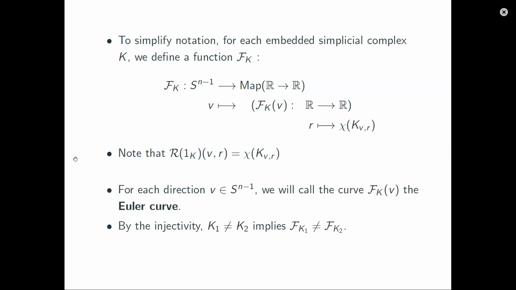We will call the curve assigned to each direction by this function an Euler curve. And thanks to the injectivity from the previous slide, if there are two different embedded simplicial complexes K1 and K2, then the induced functions f_K1 and f_K2 must be different.